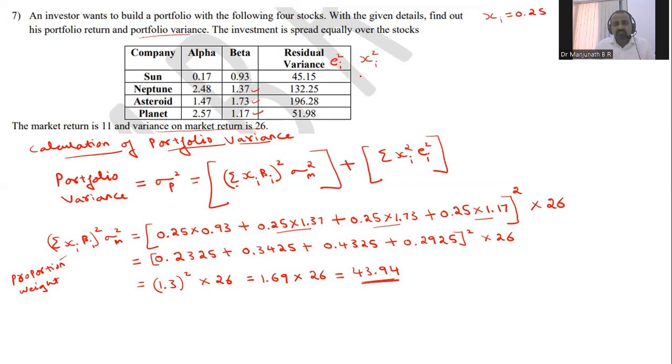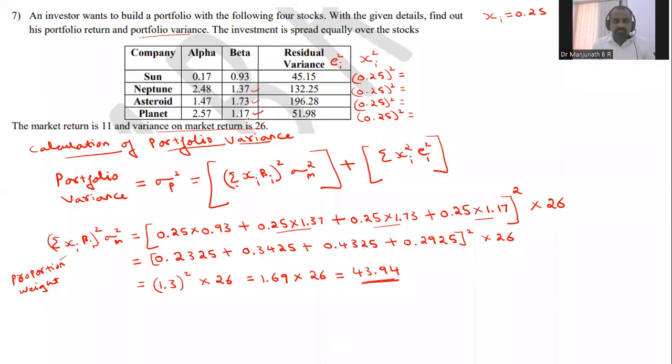So which means that you will be just applying 0.25 square for all the securities. I was just mentioning here 0.25 square, and again 0.25 square. If you do the calculation, we should be able to get the values here. We need to multiply the values of those squared with the residual variance.